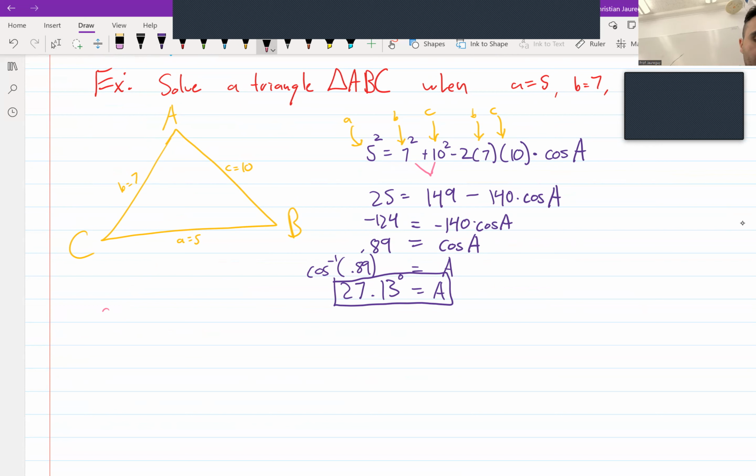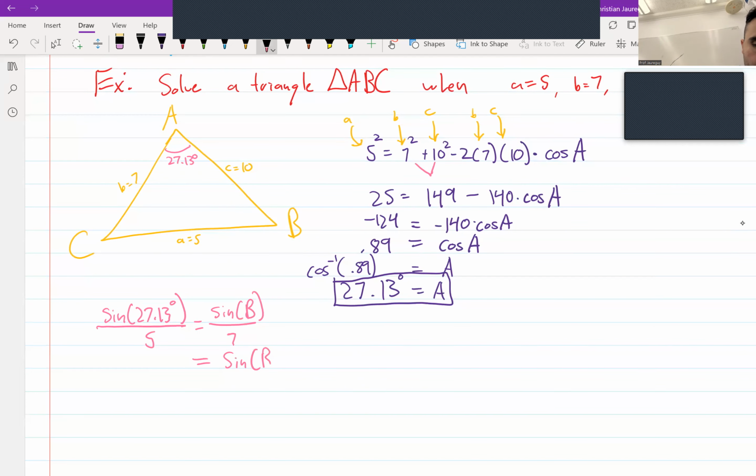So I can comfortably say, sine of 27.13 degrees over little a, 5, equals, what's the next side I should solve for? Hopefully we're all screaming B, because it's the next smallest angle. 7 under sine of B. I run it.